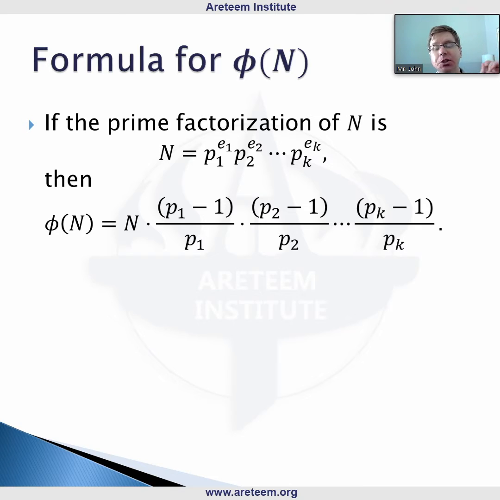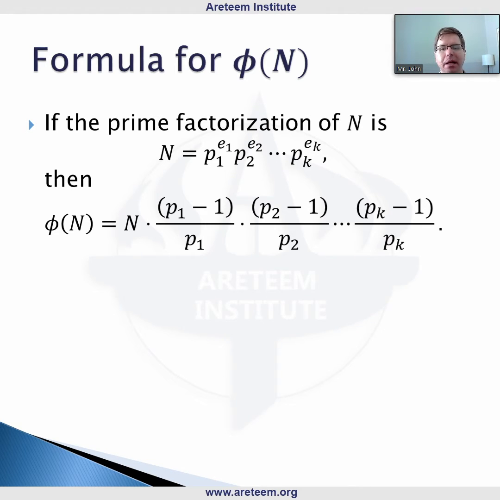And again, just like the number of factors, phi of n can be calculated if you know the prime factorization. So if you have the prime factorization of a number, you can calculate phi of n by taking the number itself and then multiplying it by something for each of the prime factors.